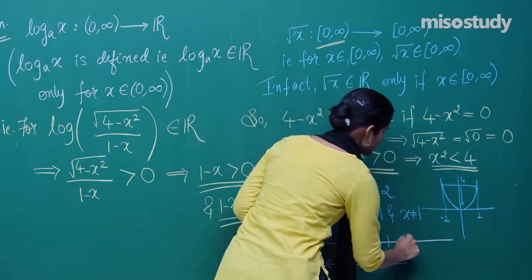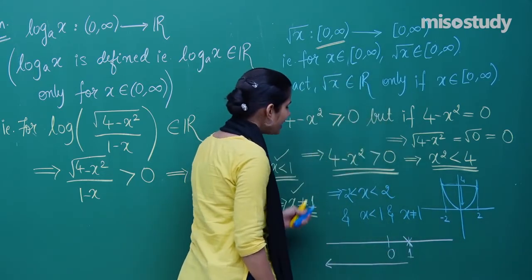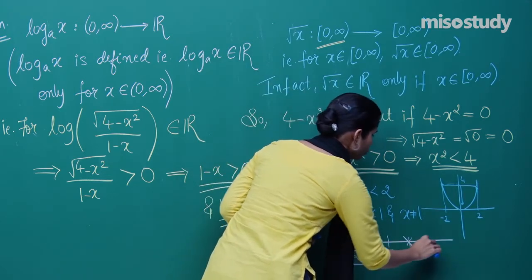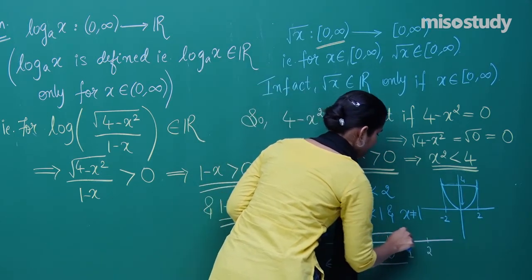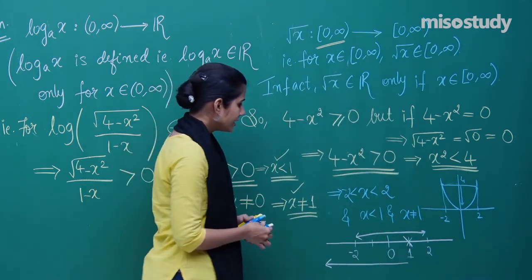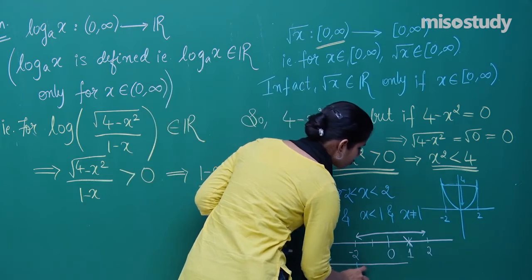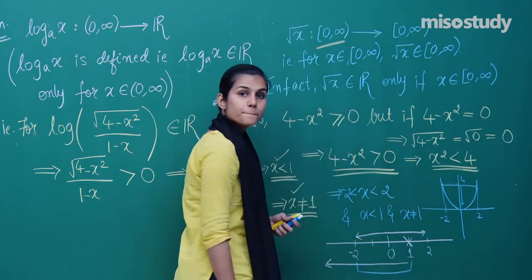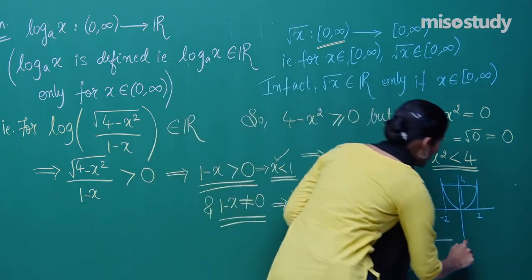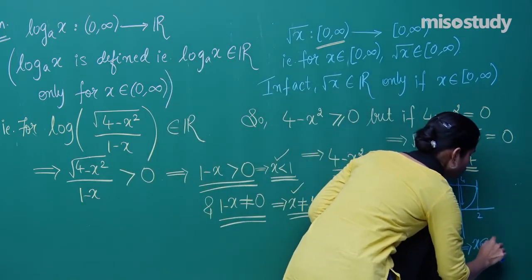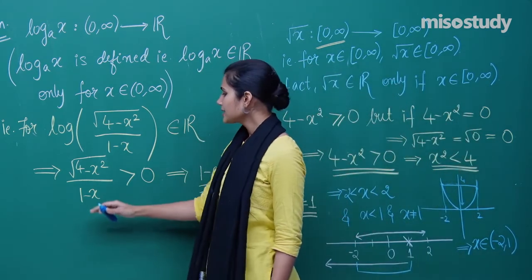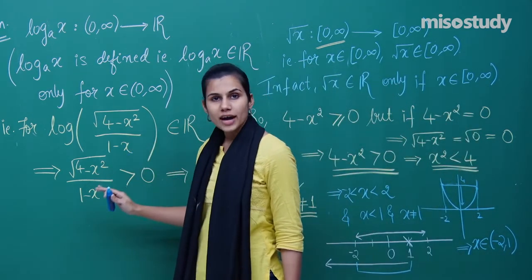I also get x is not equal to 1, and x is ranging from minus 2 to 2. Just understand what is the common portion. It is from minus 2 to 1, both excluded, and this implies x should belong to open minus 2, open 1 for this expression to be completely valid.